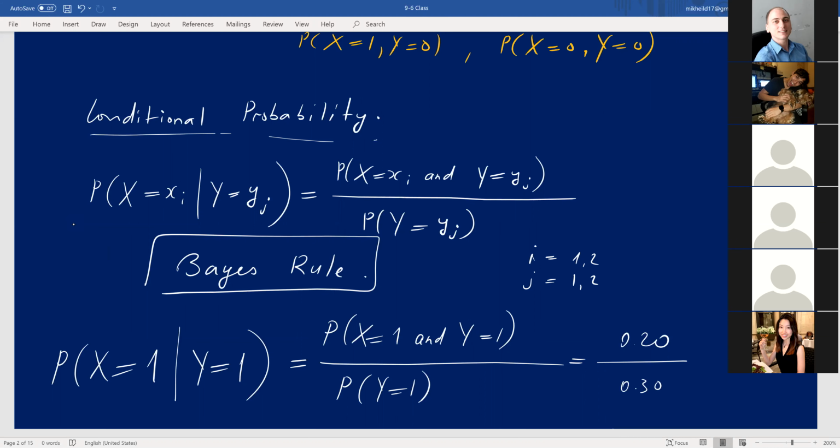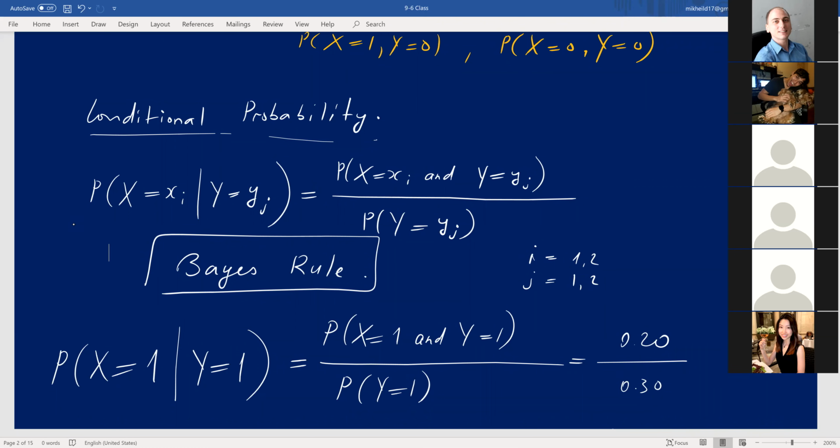So x, y, a, b are possible outcomes, but the order or number of outcomes are usually denoted by i or j.